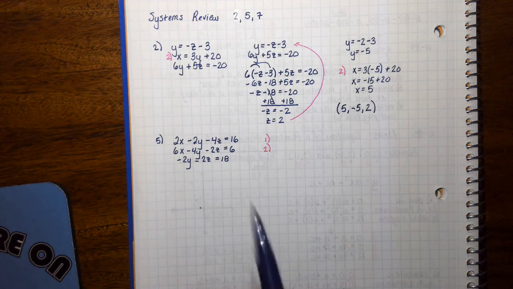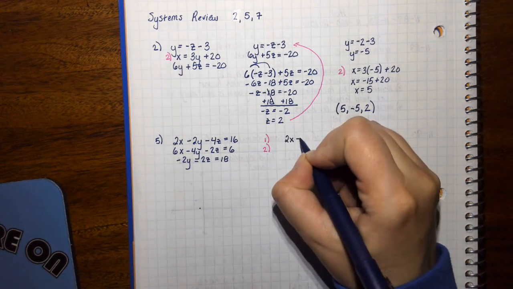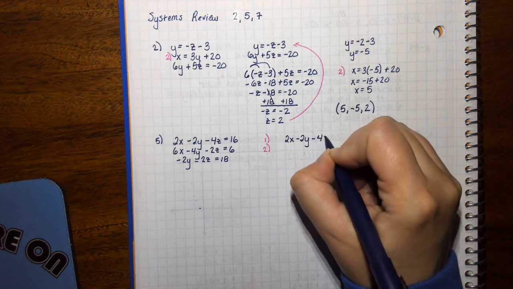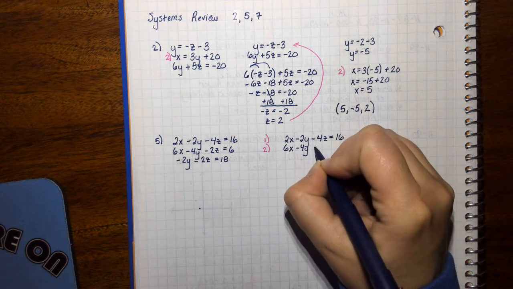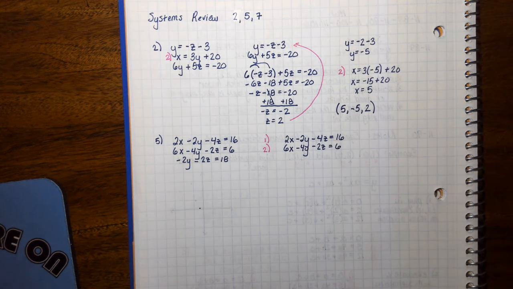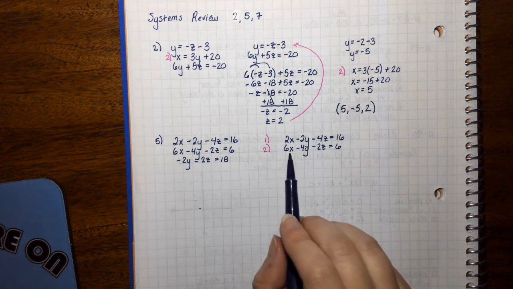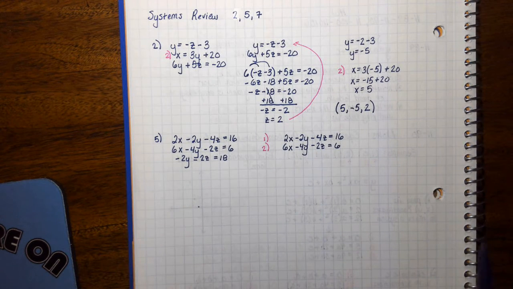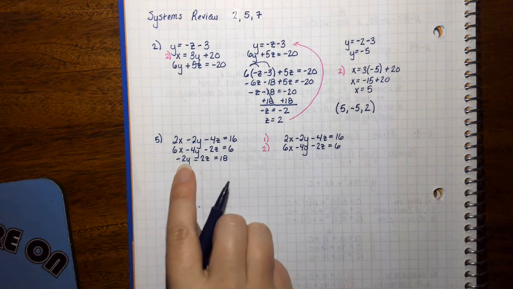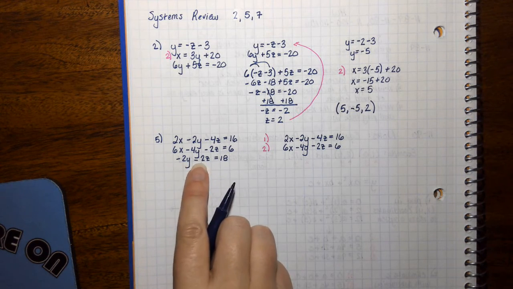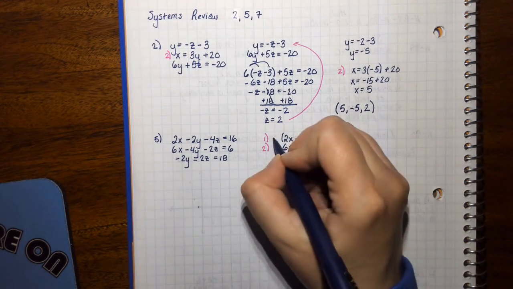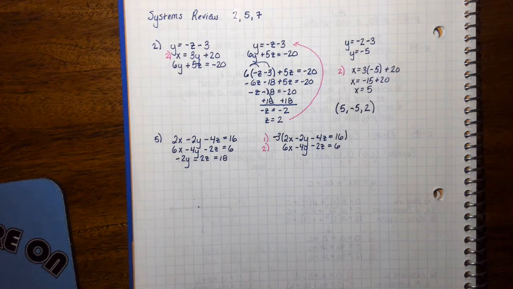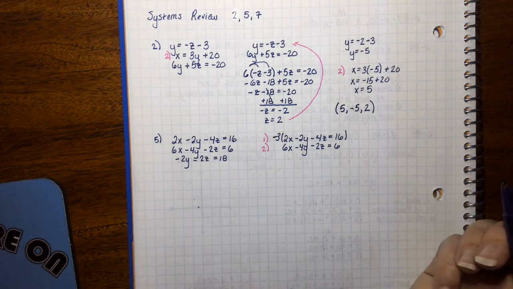I could reduce, but I'm just going to multiply because that's just as easy. Okay, so taking a look at these, it looks like they're all the same difficulty level to eliminate, but we know we need to do the x's because the equation 3 has y and z left, so we know we need to get rid of this. So I am going to multiply the top equation by negative 3. That will give me a negative 6x and a positive 6x to eliminate.